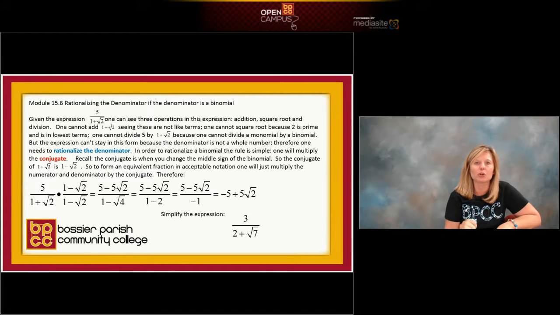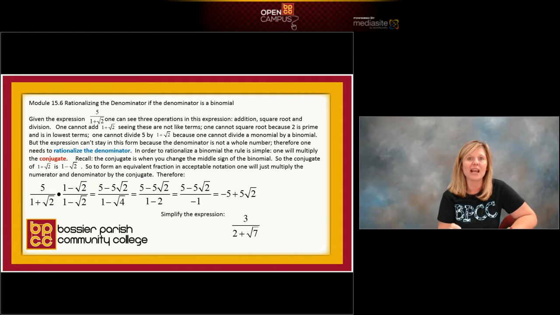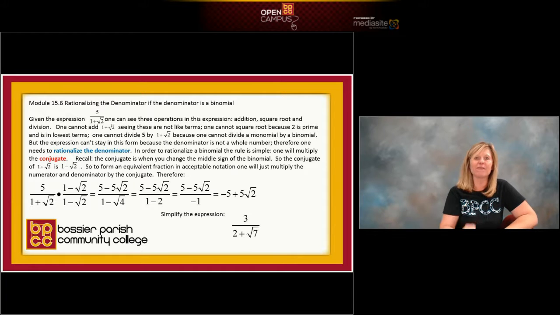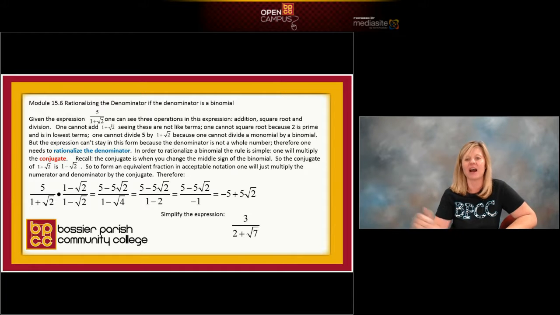The problem in your numerator is you don't have one term, you have two terms. So you're going to float that negative to both terms. So the 5, when the negative floats up, will become negative 5. The negative 5 square roots of 2, when that negative floats up, will become positive 5 square roots of 2. Because if you follow your rules, a negative divided by a negative would change to a positive.